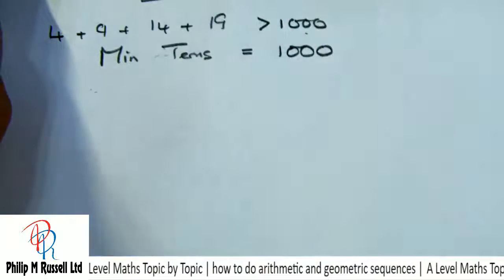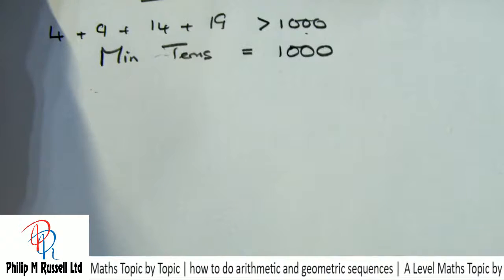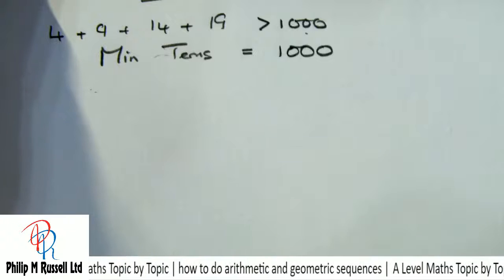We're going to find out where it's just going to succeed, the least number, if you like, where it's going to exceed 1,000.